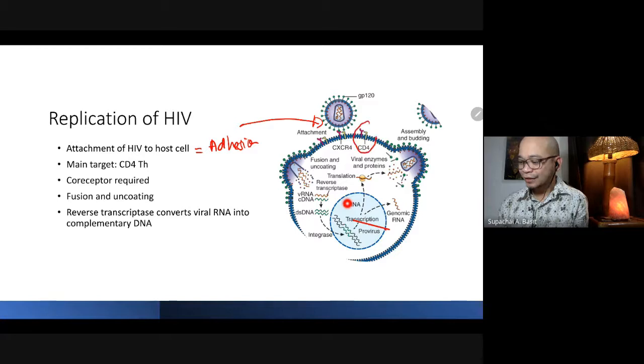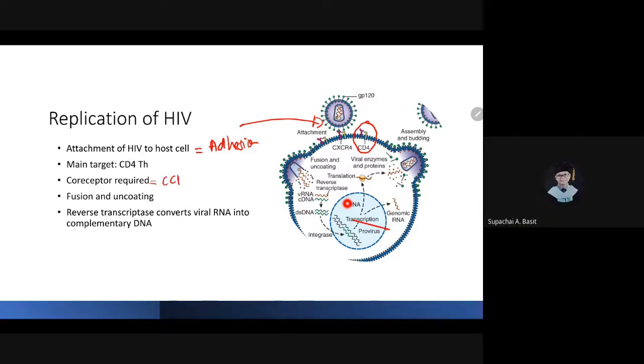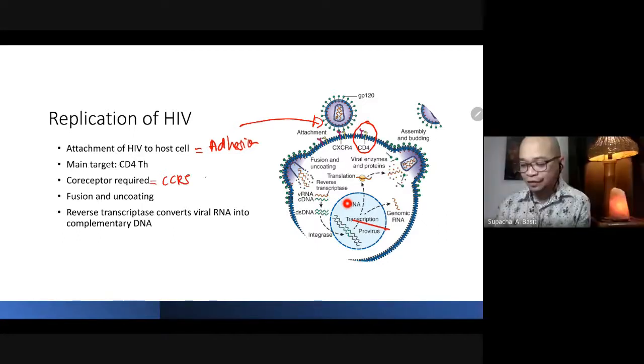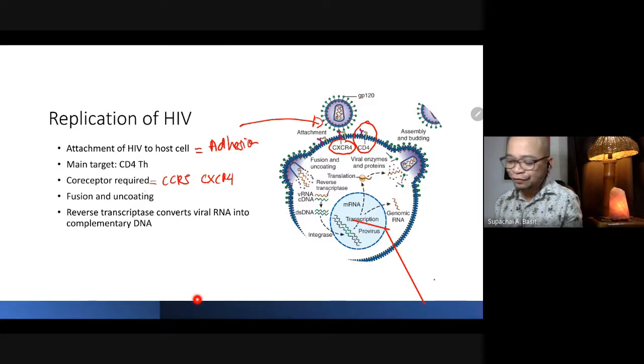And then the main target is the CD4. This is the CD4, but with co-receptors. So this could either be CCR5 or CXCR4. Now in the illustration, we have here the CXCR4. Then there will be fusion and uncoating.